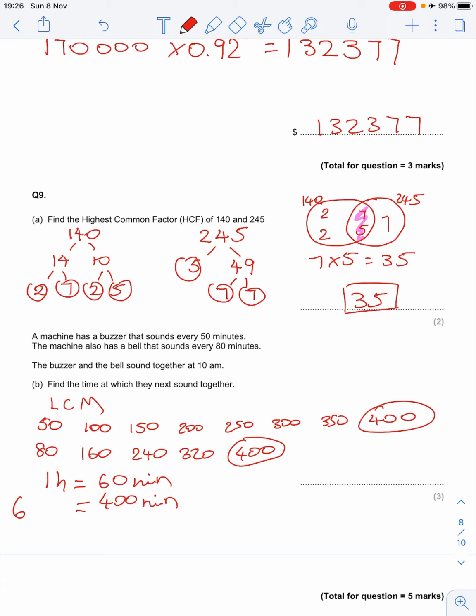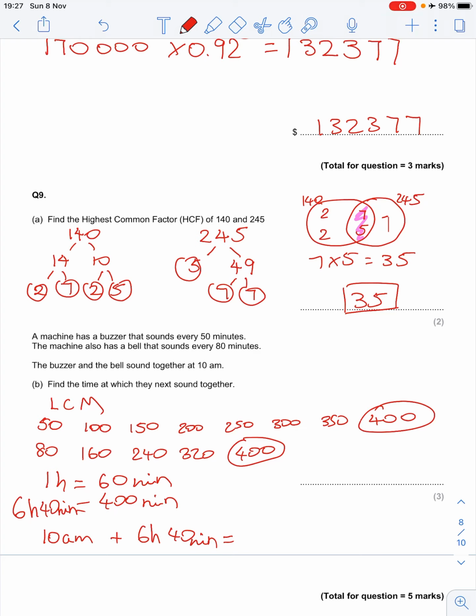6 hours and 40 minutes. So we add 6 hours 40 minutes to 10 a.m. So 10 a.m. plus 6 hours 40 minutes, we reach, so it'd be 11, 12, 13, 14, 15, 16.